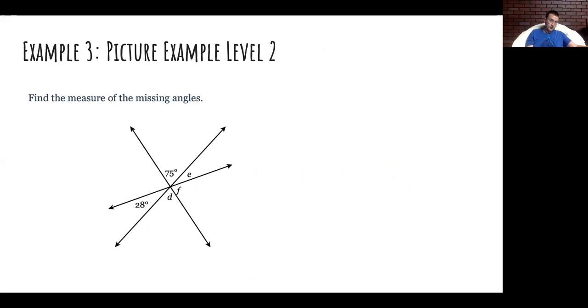All right, this is a more complicated picture example. With these, you always want to make sure that you are starting with the vertical angles first. So tip, start with the vertical angles because you know that those are going to be congruent.